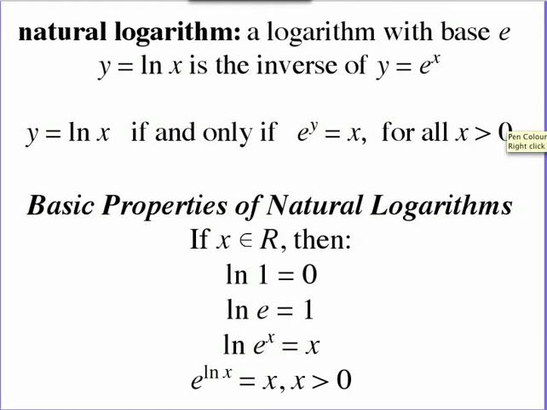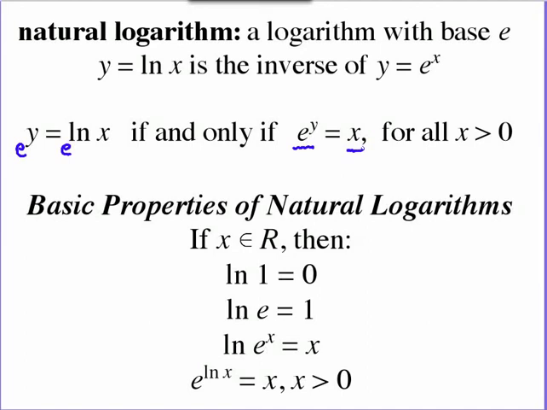Now we know that e and ln undo each other, so if I raise both sides like that, I end up getting e to the y. On the right side, the e and the ln cancel, and that leaves me with x.